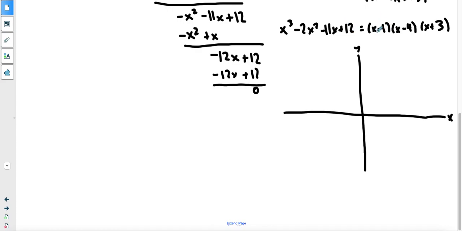Okay, so the zeros of my polynomial here are 1, 4, and negative 3, because these are the values of x that make my factors equal to 0.